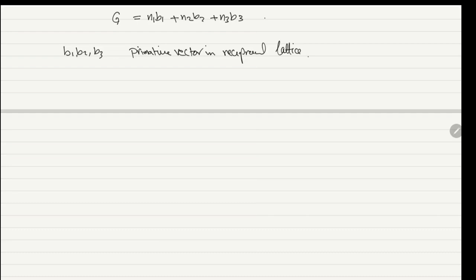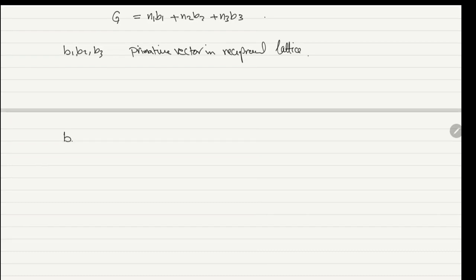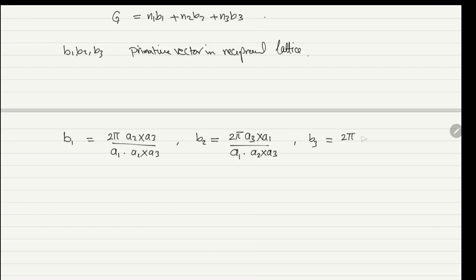These primitive vectors are given as B1 equal to 2 pi A2 cross A3 as vectors here, divided by A1 dot A2 cross A3, and B2 is defined as 2 pi A3 cross A1 divided by A1 dot A2 cross A3, and B3 is defined as 2 pi A1 cross A2 divided by A1 dot A2 cross A3.